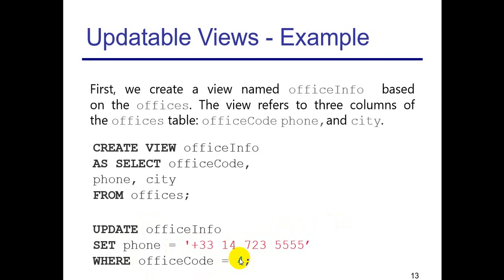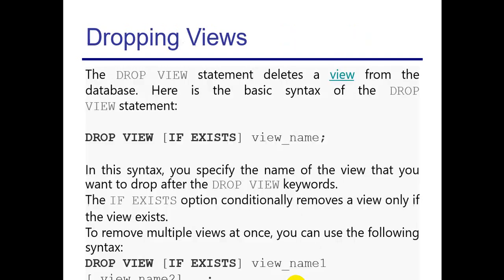So you have replaced the phone number information in the office view and actually in the office table. Okay. So similarly, as you write the update statements in the tables, they are just the same.